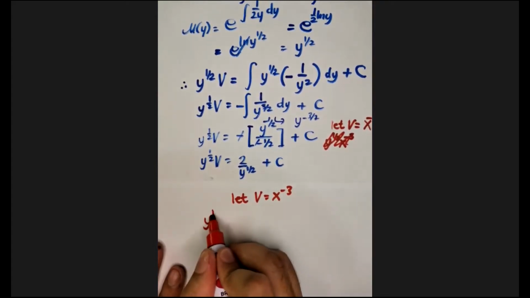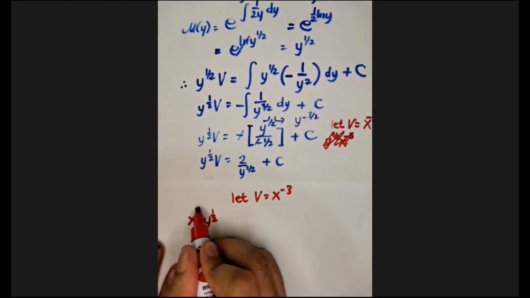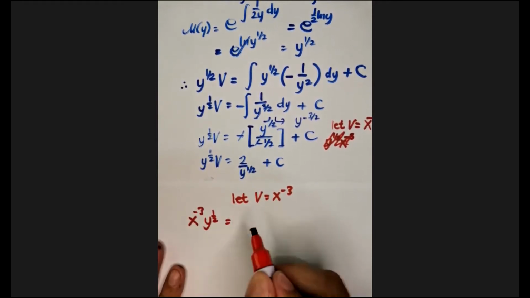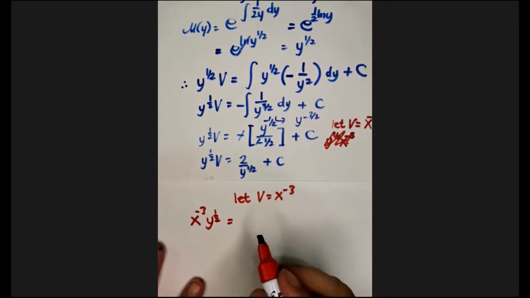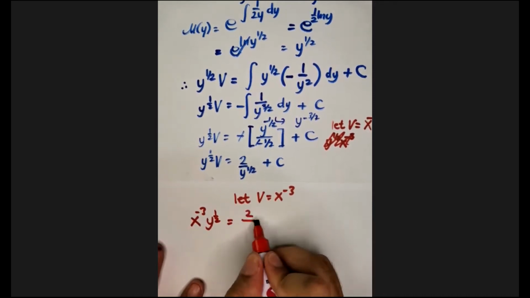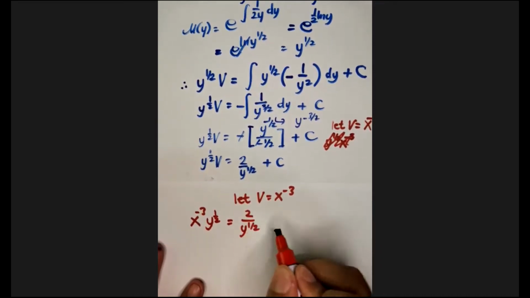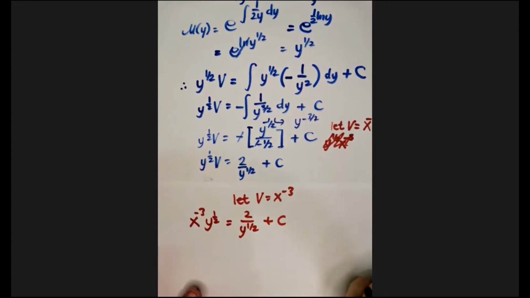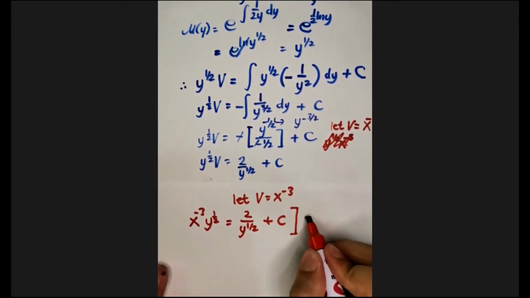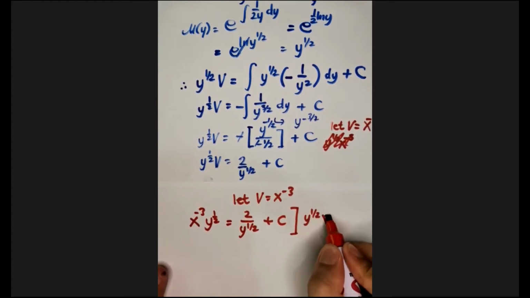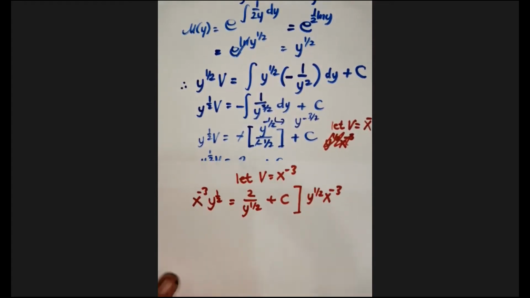So y raised to 1/2 x raised to negative 3 is equal to 2 over y raised to 1/2 plus c. So let's multiply the whole equation by y raised to 1/2 and x raised to negative 3.